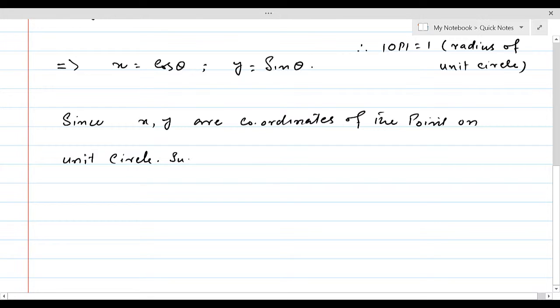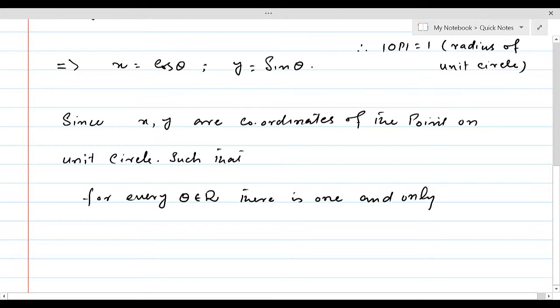There is one and only one, means unique.